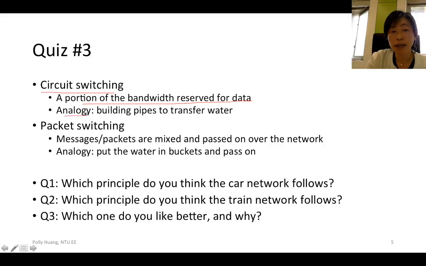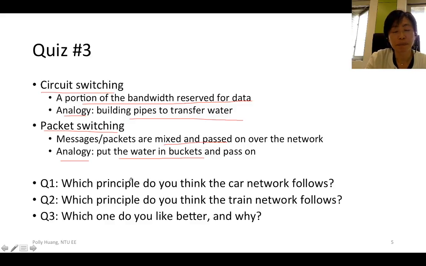If I use an analogy, it's almost like building pipes to transfer water. Packet switching, on the other hand, sends data in chunks, mixes them, and passes them over the network in a store-and-forward nature. With the same analogy, it's almost like putting the water in buckets and having people carry them and pass them on.